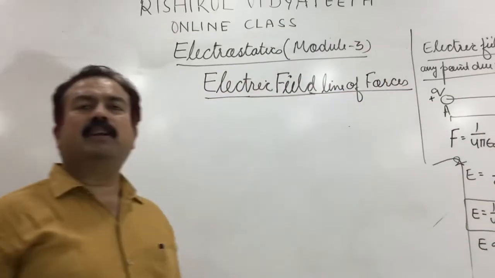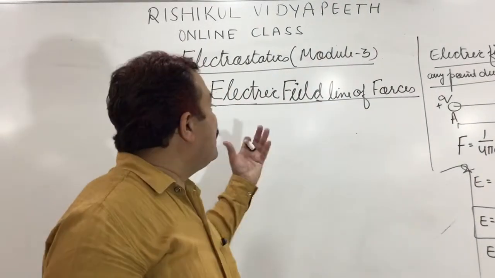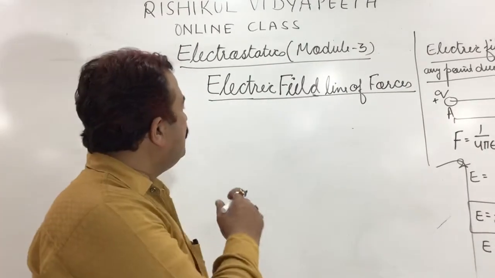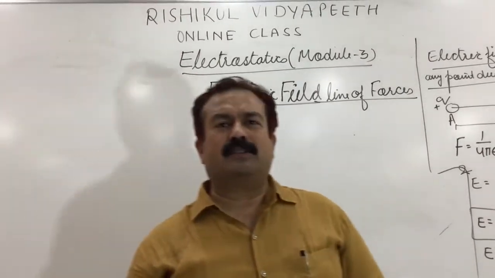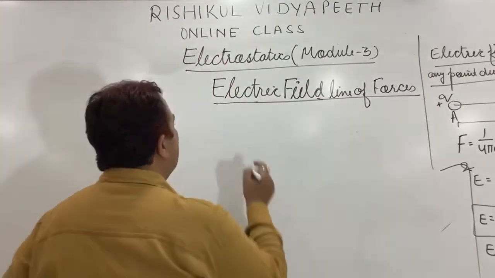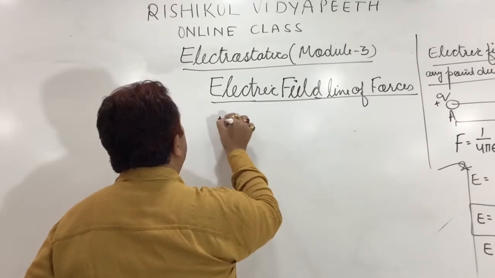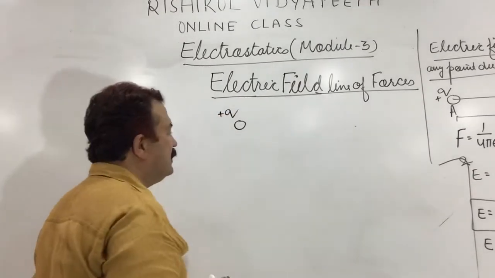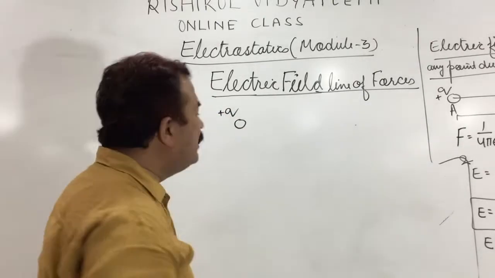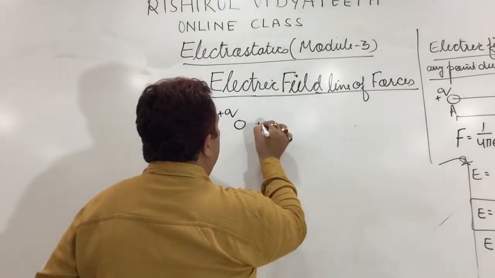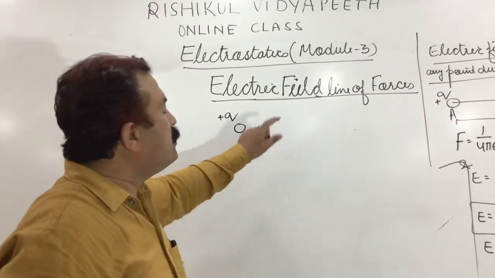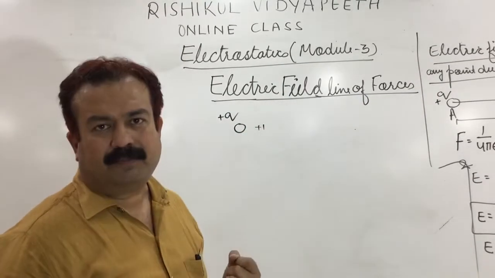So how can we explain what electric field line of forces is? Before explaining the definition of electric field line of forces, I am telling you with the help of a small activity. If I have a positive charge here, and just consider in your mind that we have placed a unit positive charge at some distance, then what will happen?